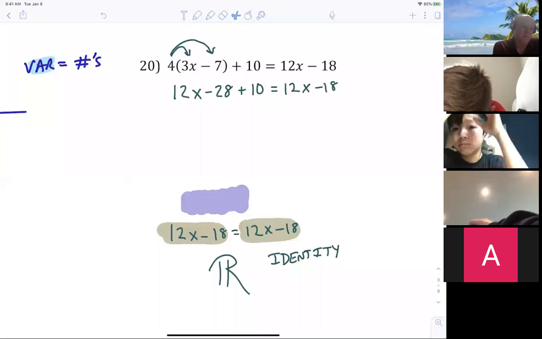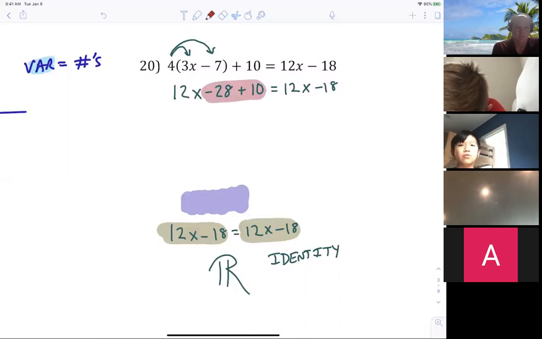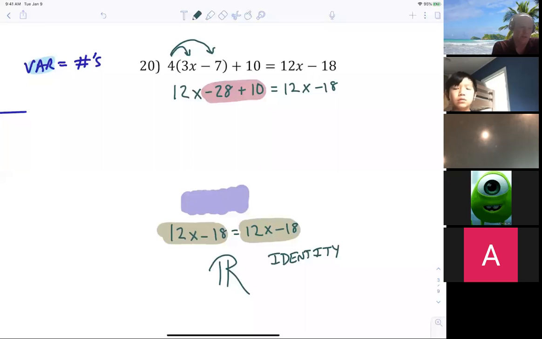The only thing I moved, really, I want you to think about this for a second, is I want you to tell me what's negative 28 plus 10. Negative 18. Right, so I left the 12x alone. I combined these terms. That's all I did.